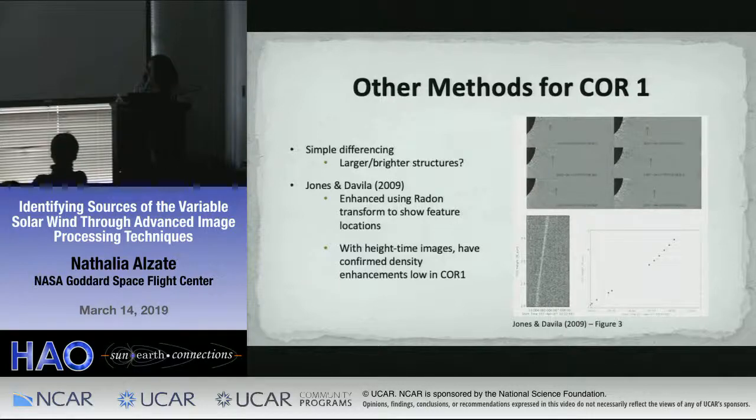So then there are other methods we can try. Jones and Davila managed to basically confirm density enhancements low in the Core 1 that could be these blobs that we see, these periodic density structures.